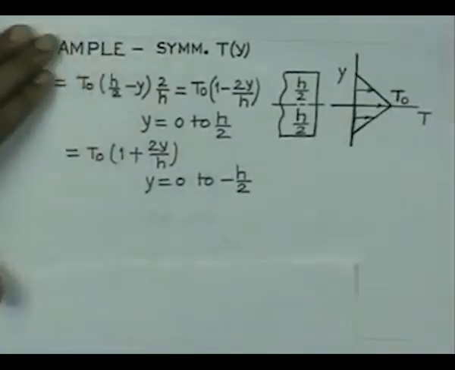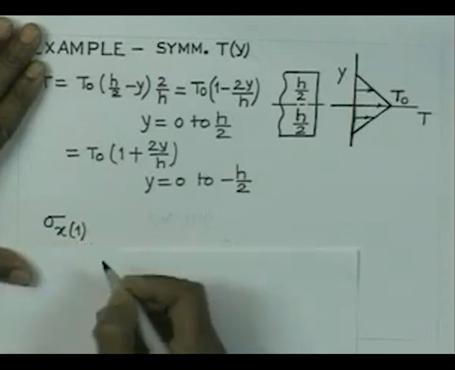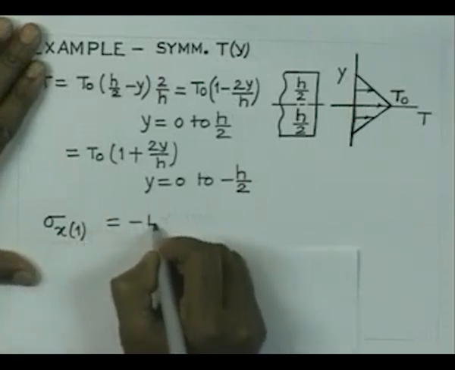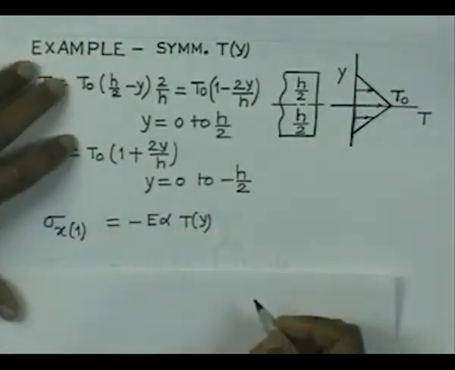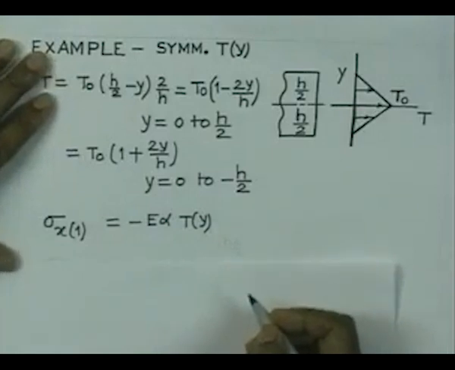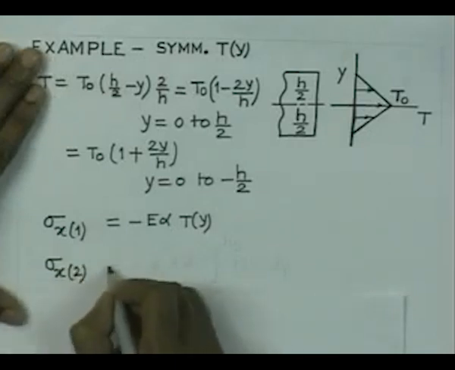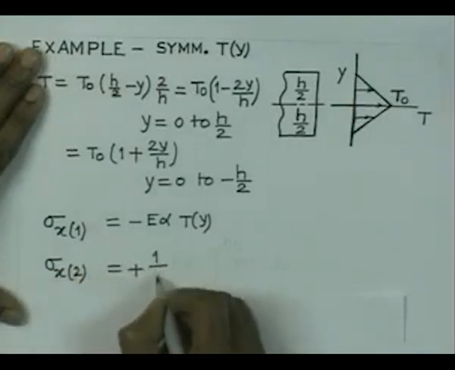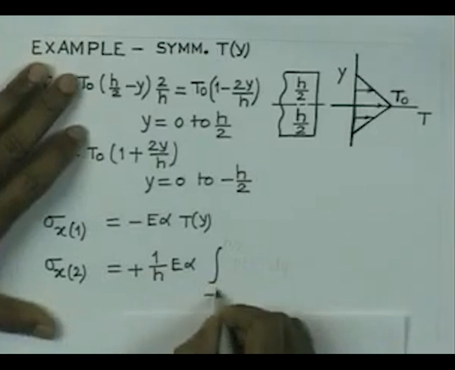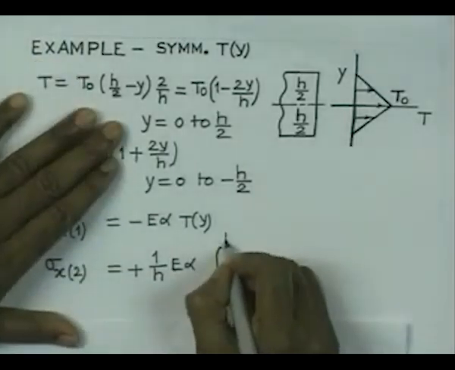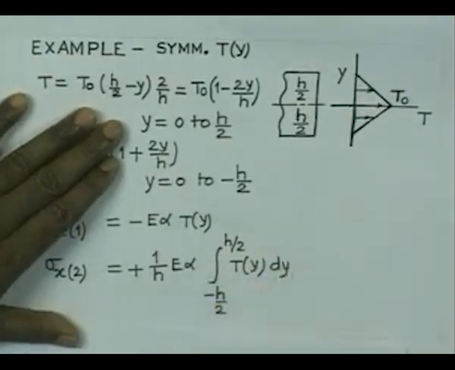Now, if we calculate the value of the stress sigma x1, it is going to be E alpha Ty, and if I calculate now the value of sigma x2, so sigma x2 is plus 1 by h E alpha integration of Ty dy.